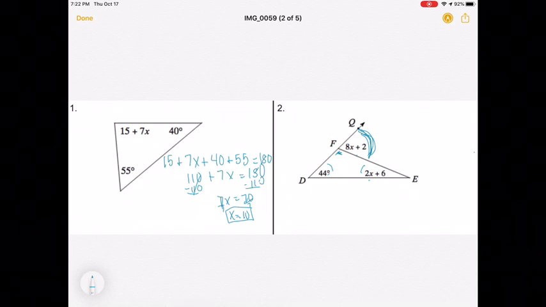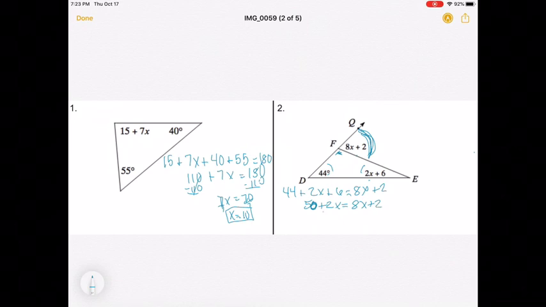Okay, to check your equation, you should have done 44 plus 2x plus 6 equals 8x plus 2. All right, now start combining. So that gives me 50 plus 2x equals 8x plus 2.